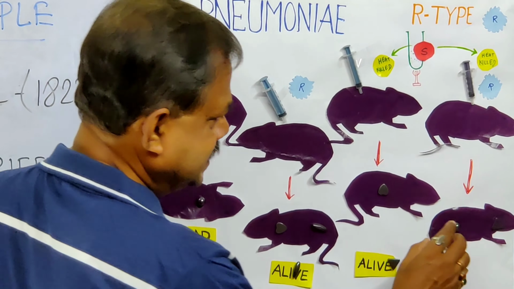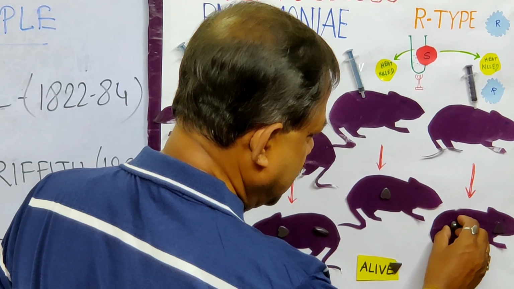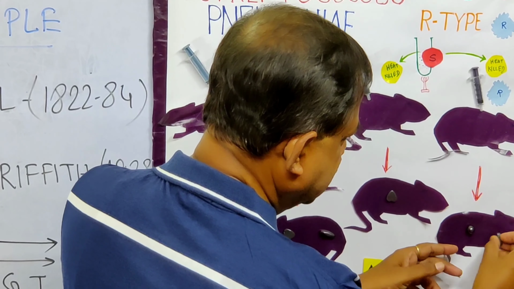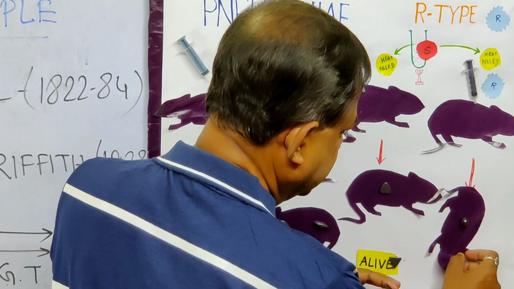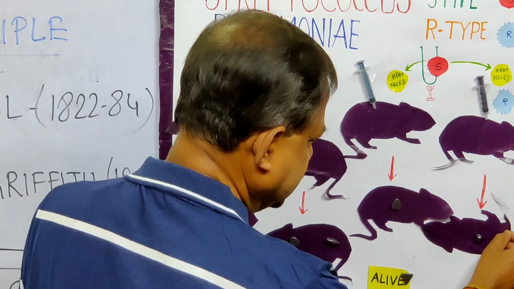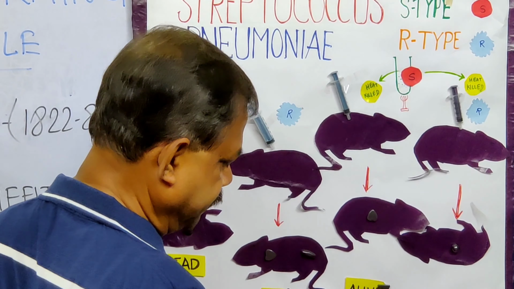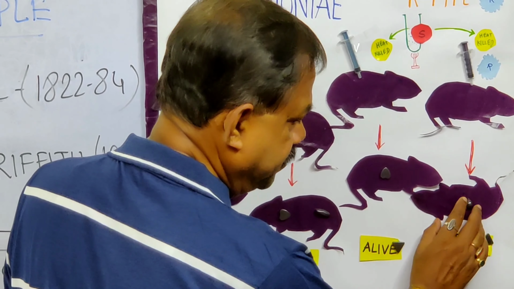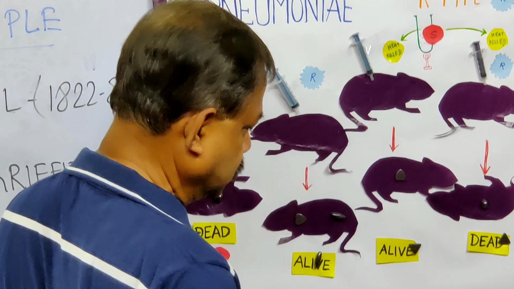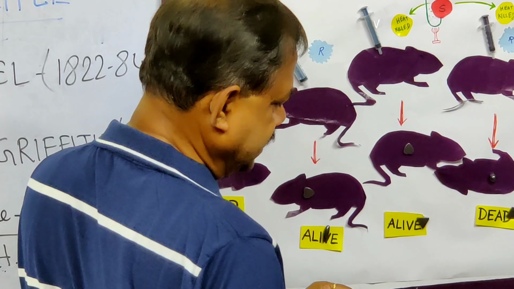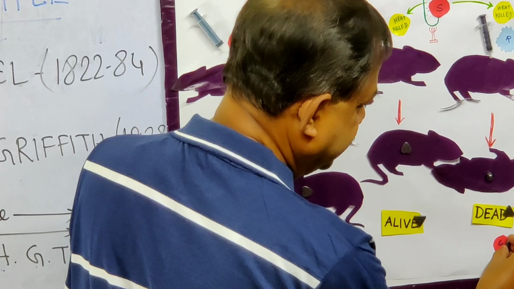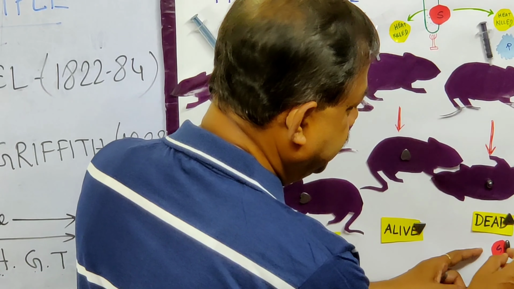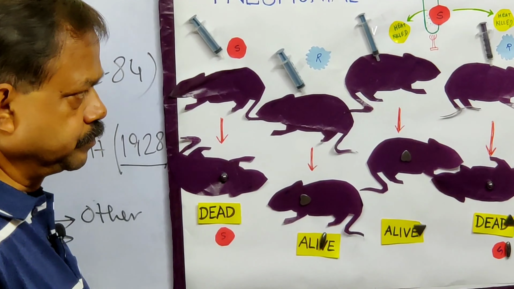Then it is seen that this mouse, after some time, is dead. Afterwards, when the blood is taken from the mouse, it has been observed that S-type bacteria is found in the blood of this mouse.